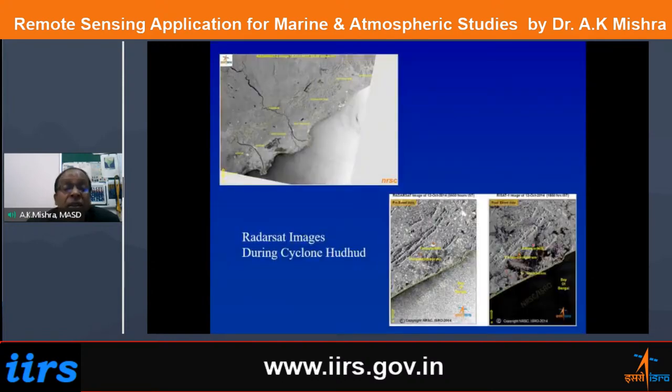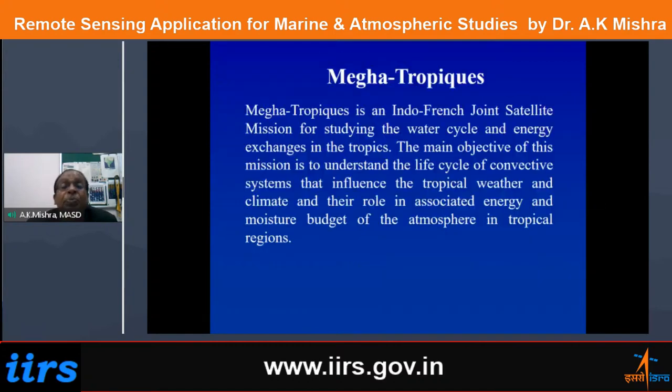And this image is showing you the utility of RISAT images during the cyclone, before the cyclone and after cyclone, the water inundated areas are easily mapped. Then Megha-Tropiques is an Indo-French joint satellite mission for studying the water cycle, particularly in the tropical convective system.